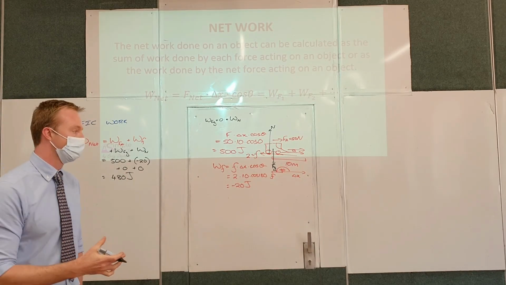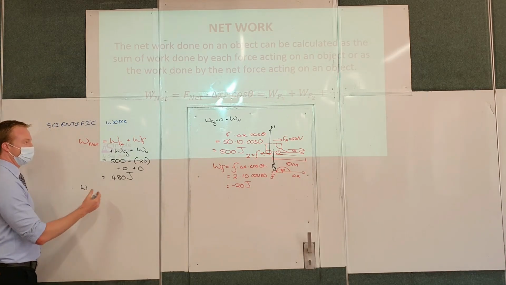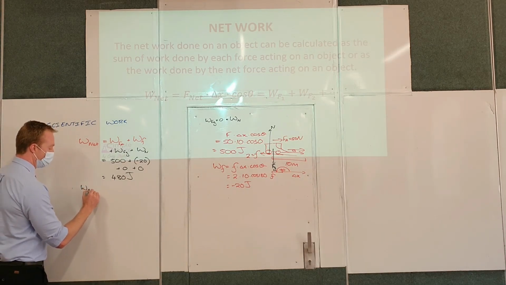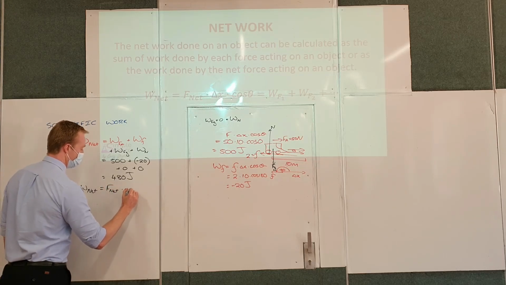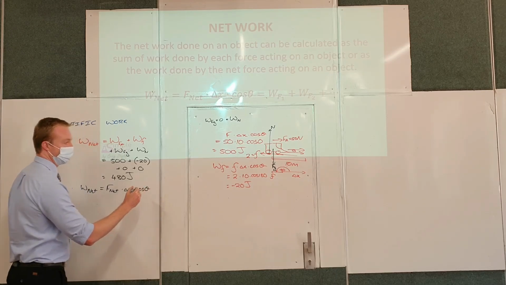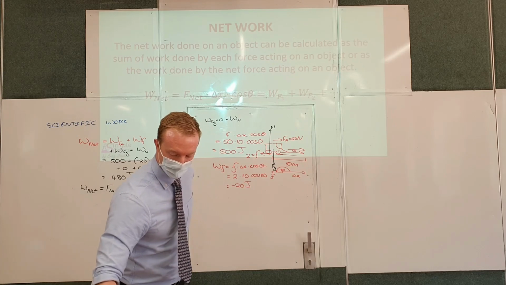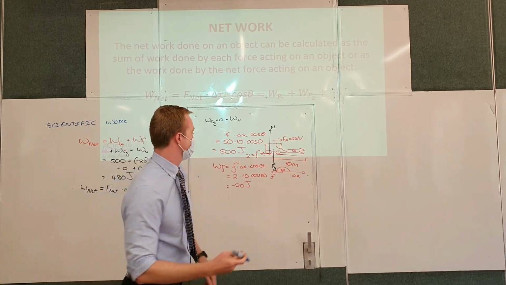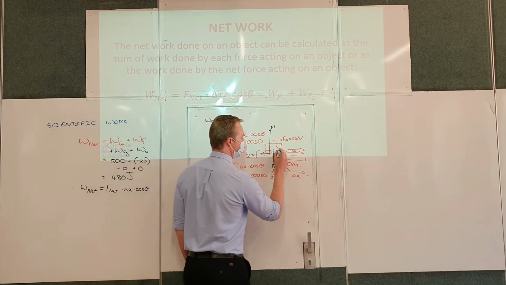Now, another way of looking at this would be to say that the net work is very simply just our same work formula for the net force. The net work is equal to the net force multiplied by the displacement cos theta. And so in this case, we would see here that the net force acting on this object is 50 newtons to the right minus 2 newtons to the left.